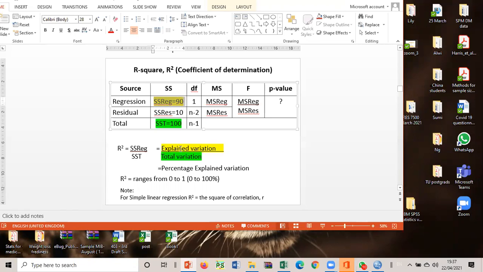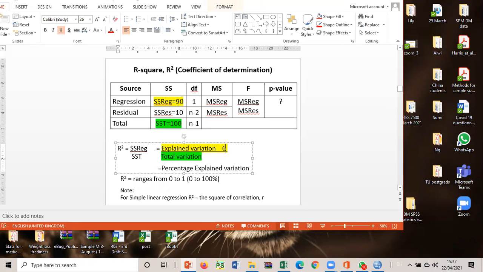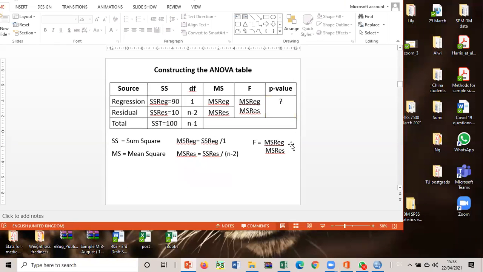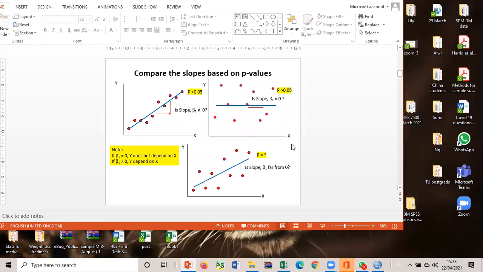So 90 over 100. What's R square? 90%. It ranges from 0 to 100. Is 90% good? Yes. Almost 100%, right? That will be like graph number 1. The residuals are very small.